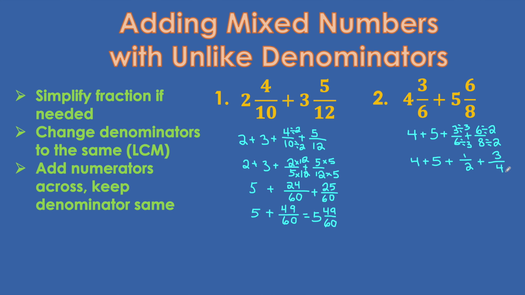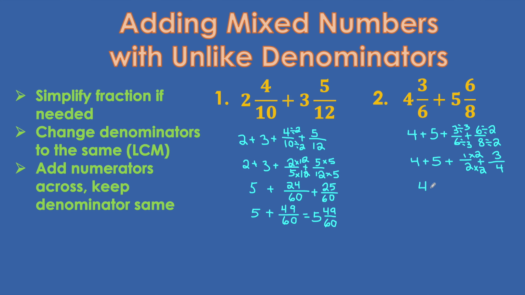You don't have to simplify in this step, but I think it makes it easier since it will make the numbers smaller to work with. To find the least common multiple between 2 and 4, it's going to be 4. So we can multiply bottom by 2 for the first fraction.